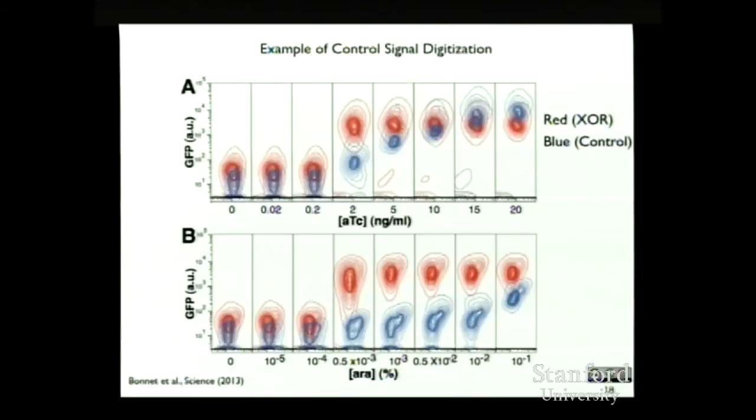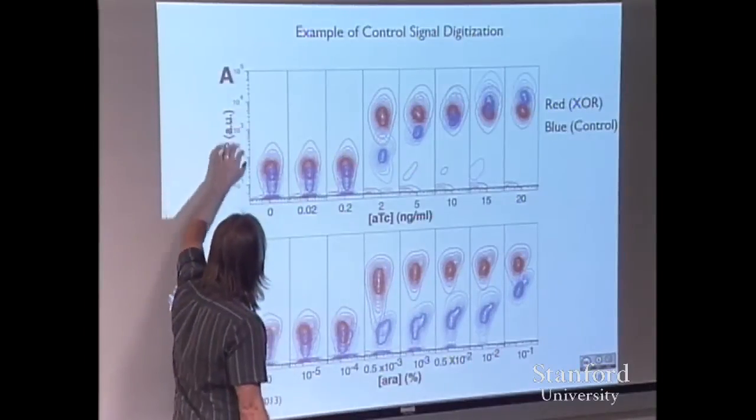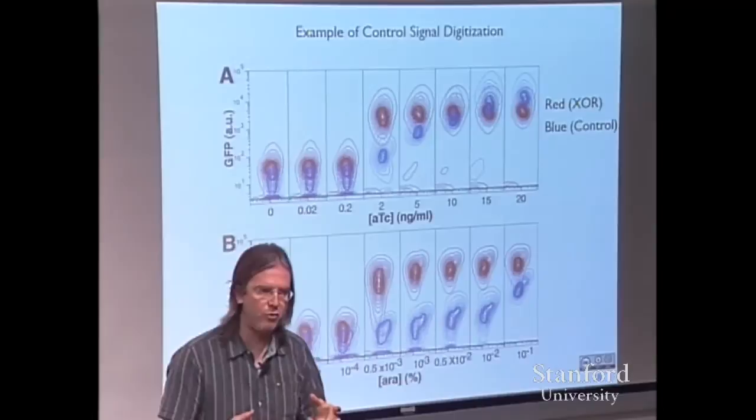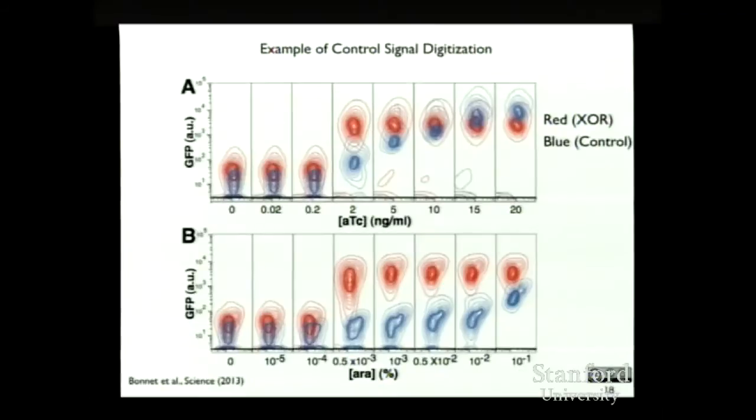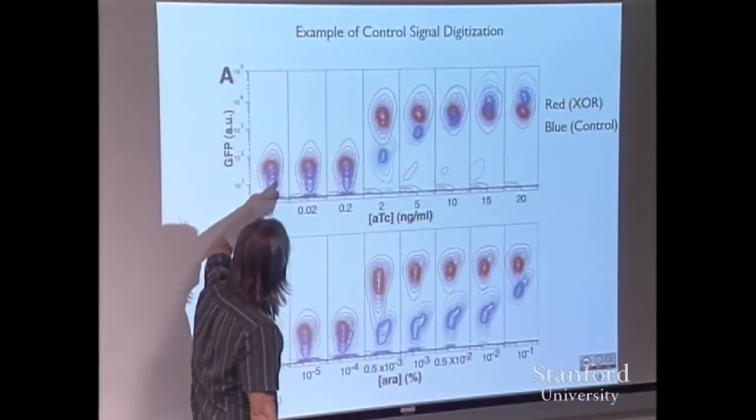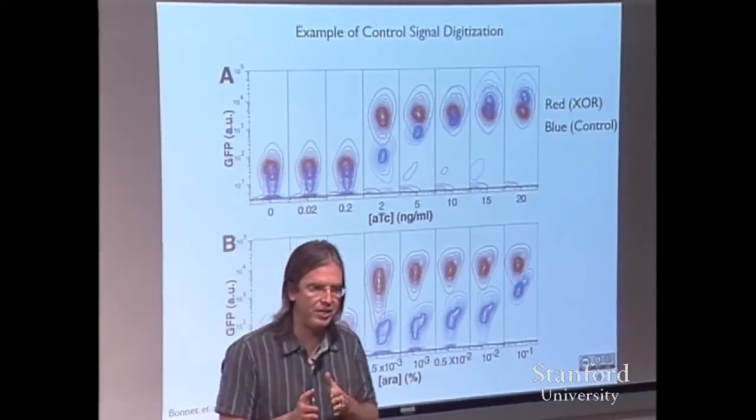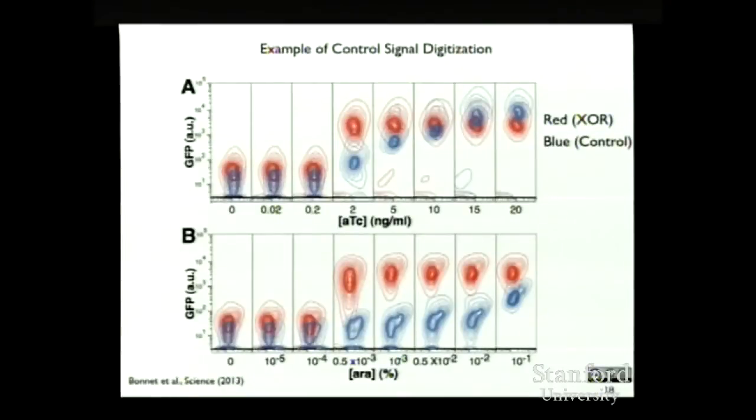This is a detailed example of both switching states for the XOR. What I'm showing on the y-axis is an indirect representation of the signal. Again, it's a fluorescent protein serving as a surrogate for the rate of transcription. The blue contours are the level of the control signal that's driving the integrase.